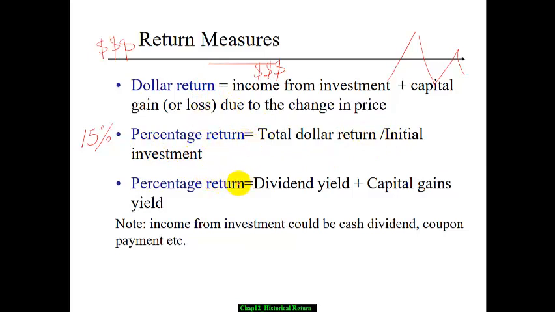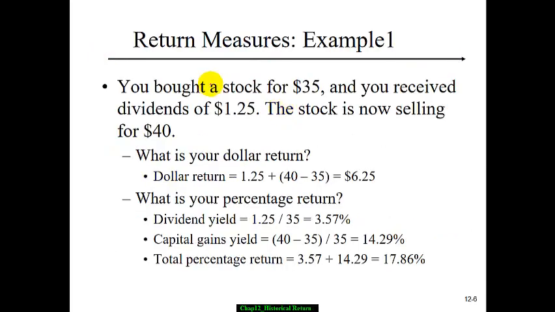The percentage return can also be decomposed into two components. One is dividend yield, the other is capital gain yield. Let's take a look at one example. Suppose you have a stock investment. You purchased at $35 today, and 1 year later, you sell it for $40. So you gained $5.